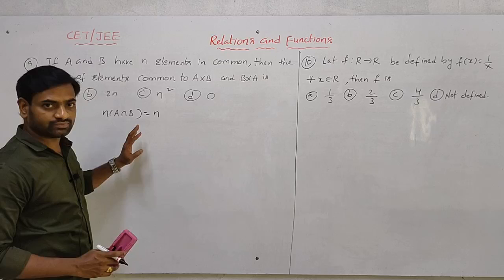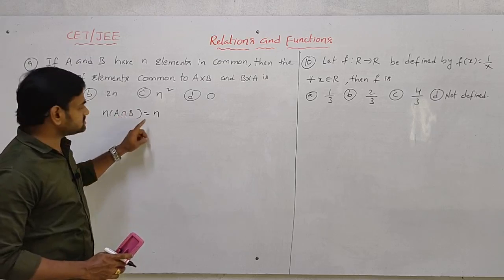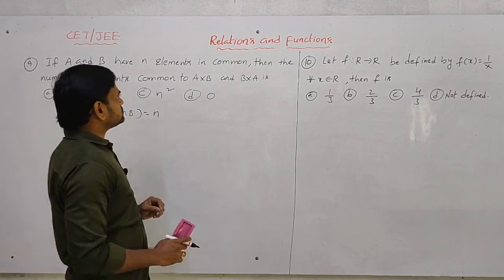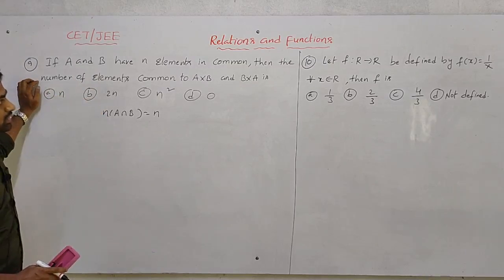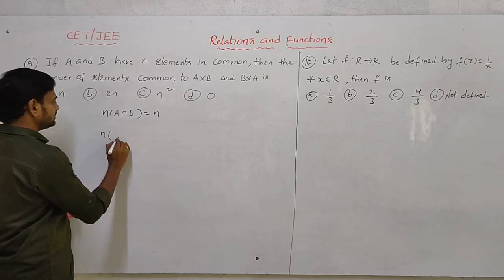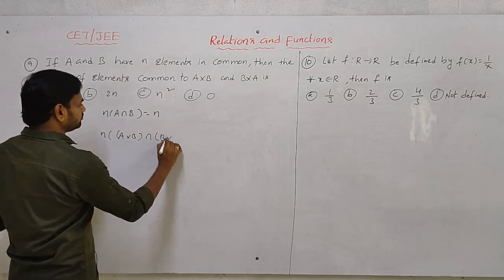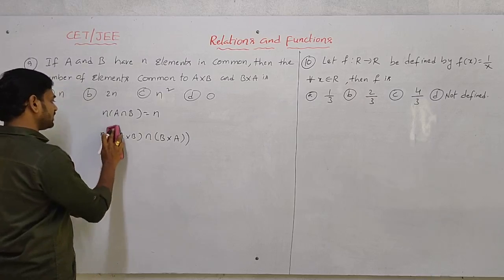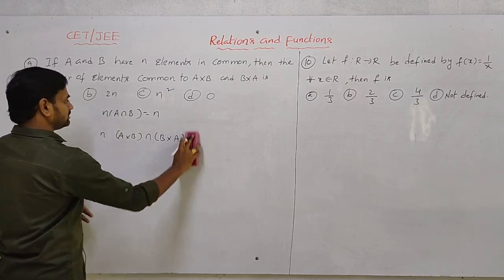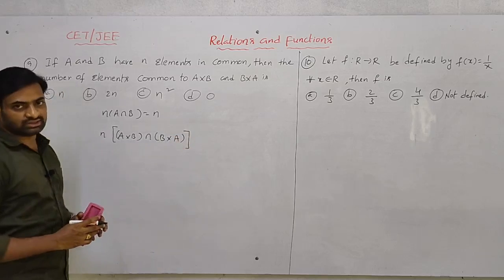This is the number of common elements in A intersection B, which is n. Next, the number of elements common to A cross B and B cross A. So we have to find n of (A cross B) intersection (B cross A), the common elements of A cross B and B cross A.